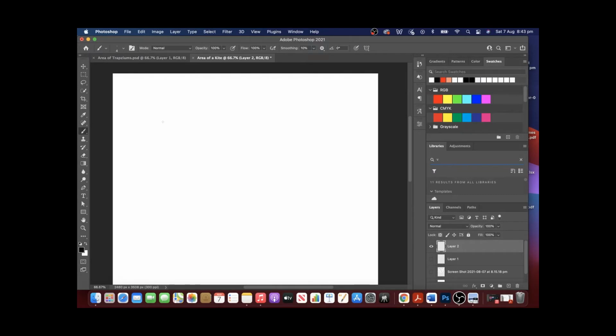So now we're going to look at the area of a kite. A kite is a quadrilateral whose four sides can be grouped into two pairs of adjacent equal sides.